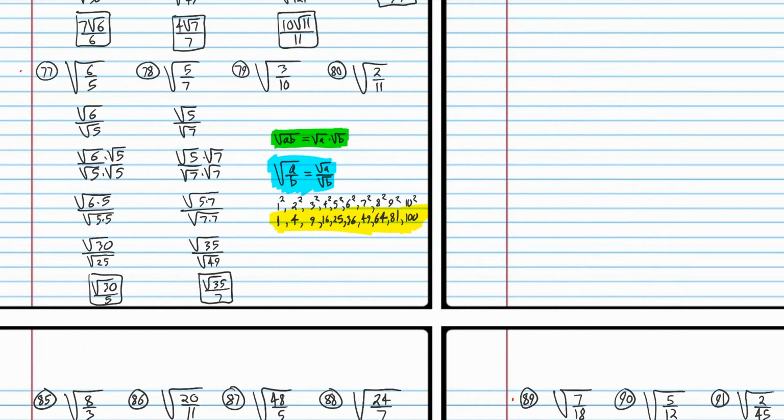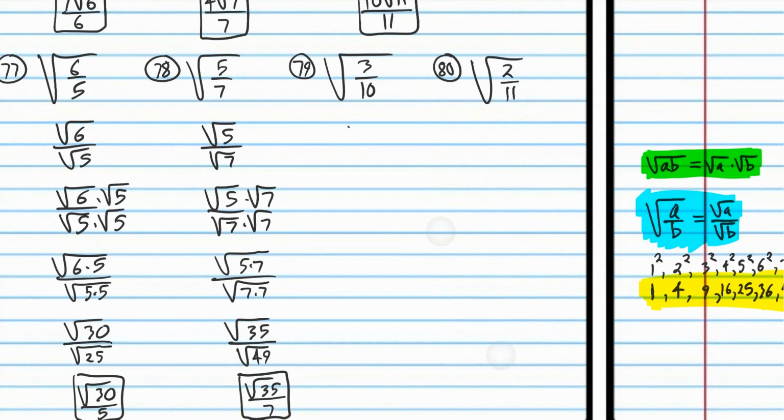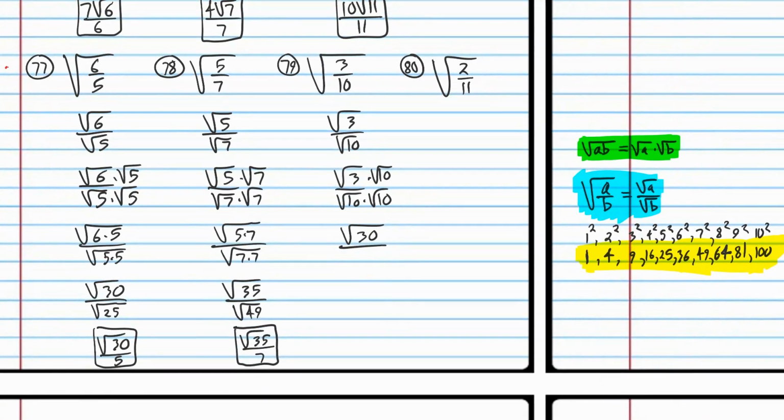So now it's time for you to try. Go ahead and try number 79, and when you come back, we'll do it together. All right, we're back. So I'm going to skip forward a little bit here because we're running low on time.